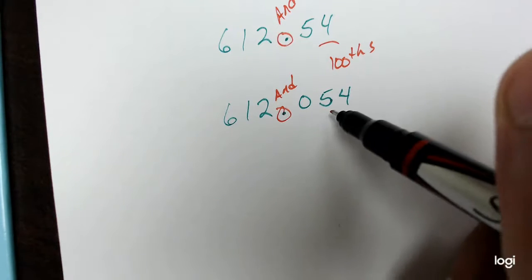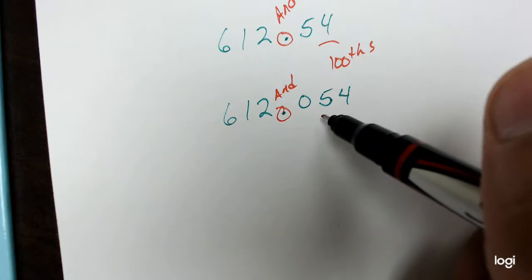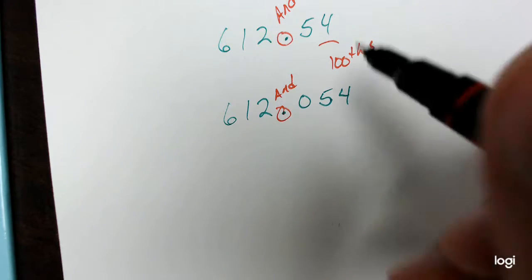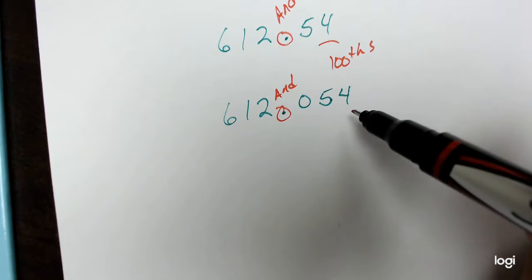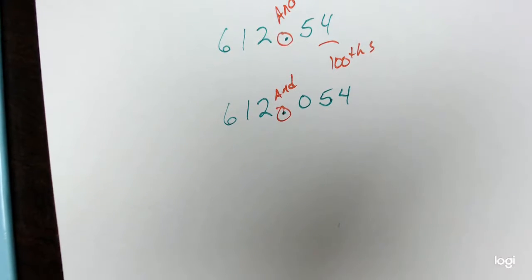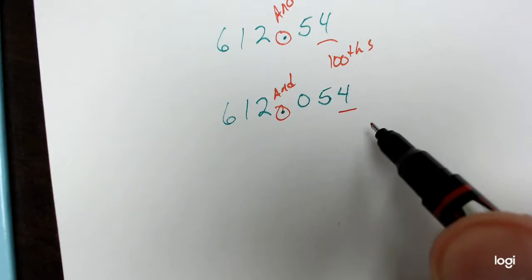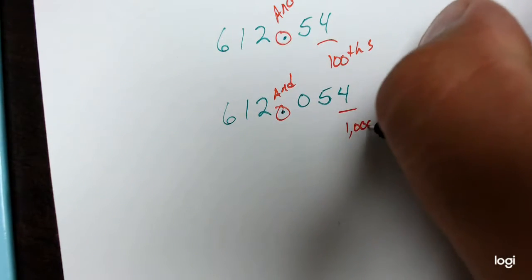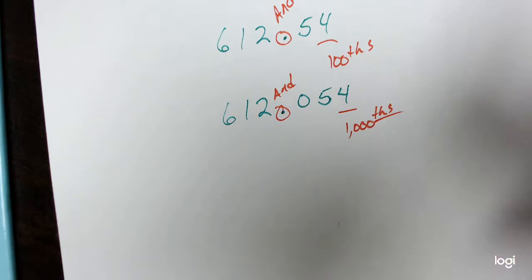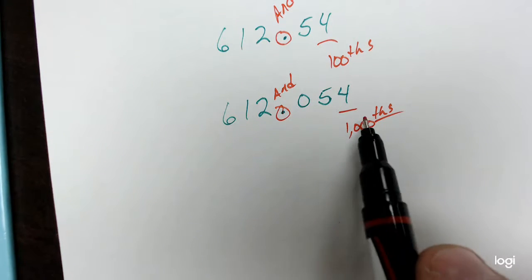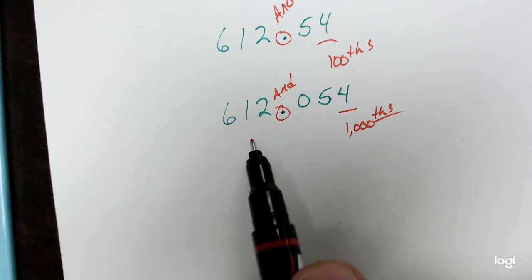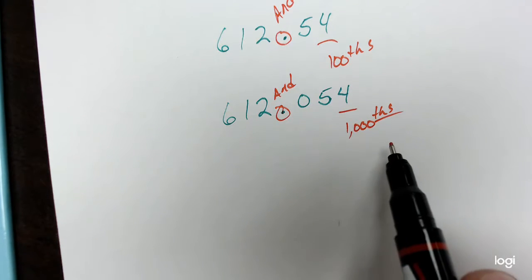No. I'm going to continue to read the number as I see it. The number is just 54, right? So I have 612 and 54, but what will change is the place value. The place value has changed from hundredths to thousandths. So I have tenths, hundredths, thousandths. So this is 612 and 54 thousandths.